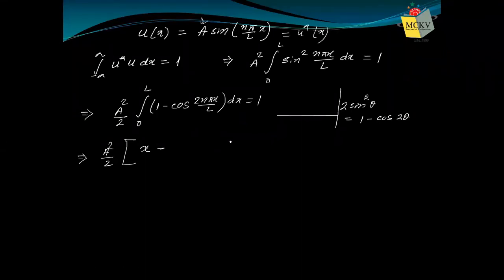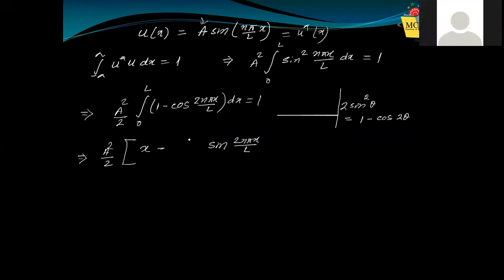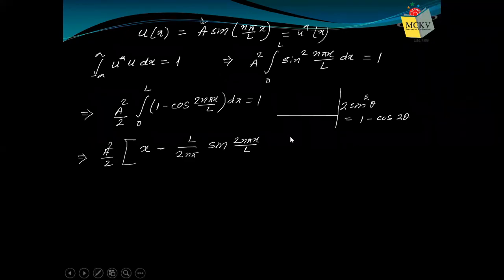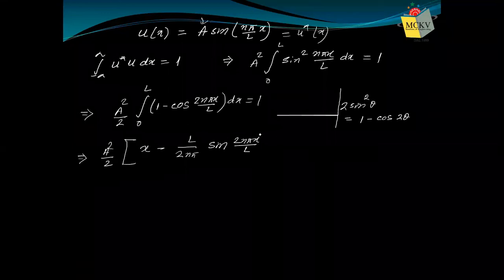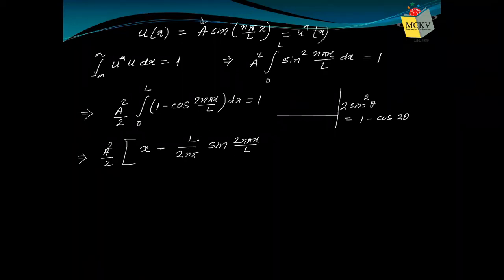Integration of cos is sine, so it will be sine 2n pi x by L into L by 2n pi. If we integrate it, the first quantity comes up to be x. The second quantity, cos 2n pi x by L, will be L by 2n pi sine 2n pi x by L. Now we need to give the limit which is 0 to L. This equals 1.